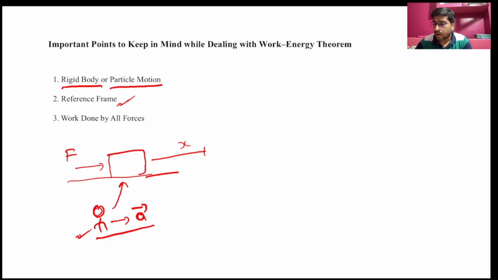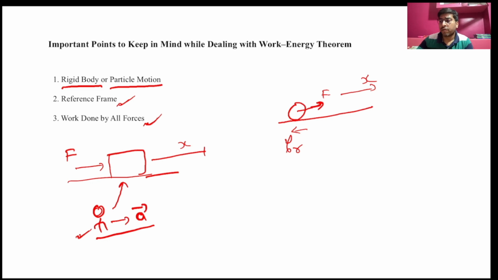The third one: we have to consider work done by all forces, right? Suppose you are moving an object on the floor and applying force in this direction, and the object also moves in this direction, and there is a friction force Fr, suppose in this direction. In this case, work done by you will change the kinetic energy of the object, plus you also have to do some work against friction, right?